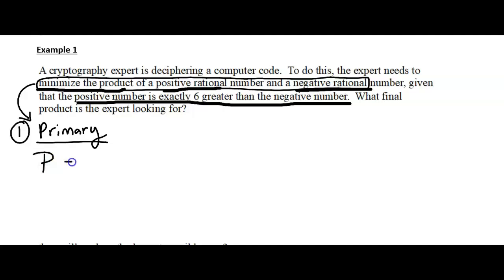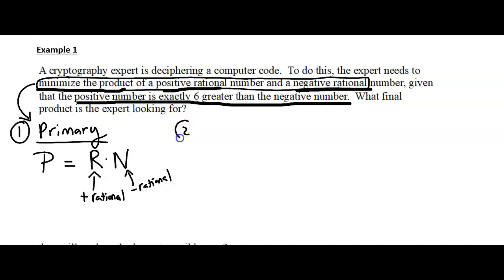For the positive rational number, I'll just put R. And for the negative rational number, I'll put N. So the product of a positive rational number and a negative rational number, that's my primary equation.